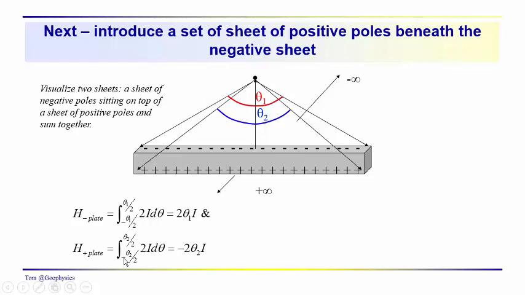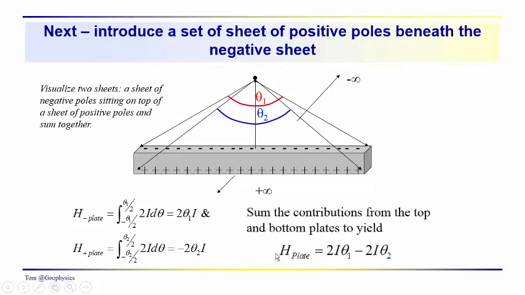We're integrating from minus theta 2 over 2 to theta 2 over 2. That gives us minus 2 theta 2 times I. And then we're going to sum the two together so that we get the magnetic field intensity of the plate, consisting of both the negative poles and the positive poles, equal to 2I times theta 1 minus 2I times theta 2.